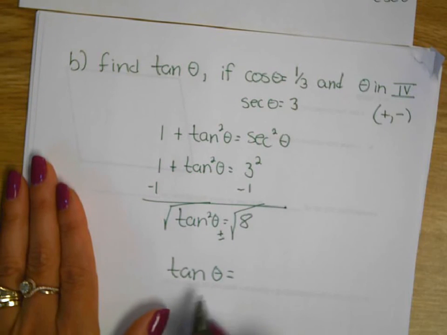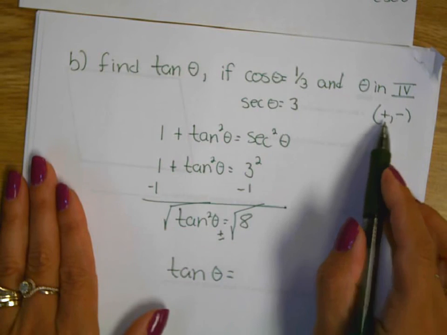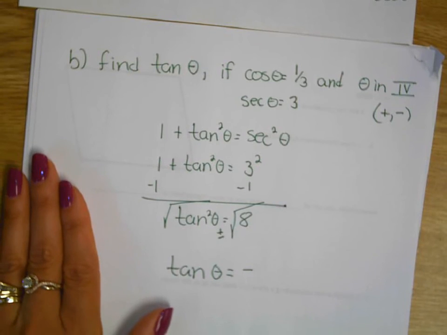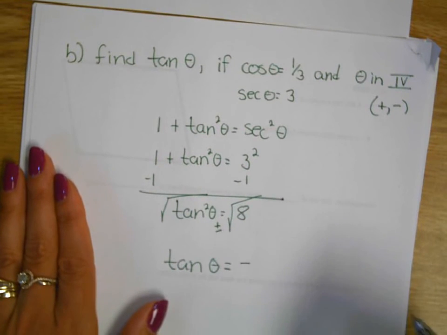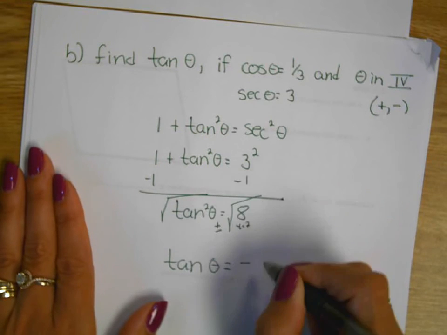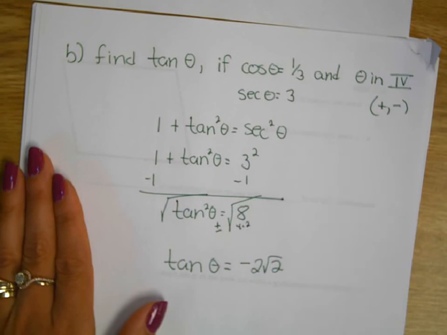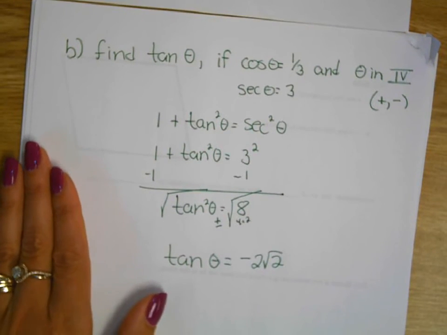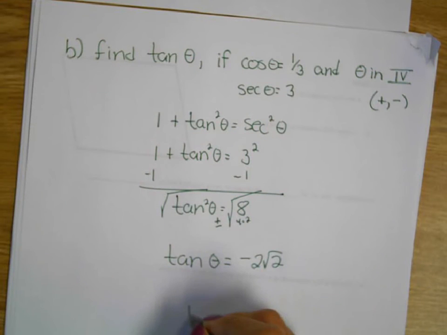So is tangent going to be positive or negative in quadrant 4? Adam? Negative. Because it's y divided by x. So we need the negative. Square root of 8, what are you going to do with that, Adam? You're going to make it 2 square root of 2, because that's 4 times 2. Square root of 4 is a 2. Square root of 2. Yay. Page 51.